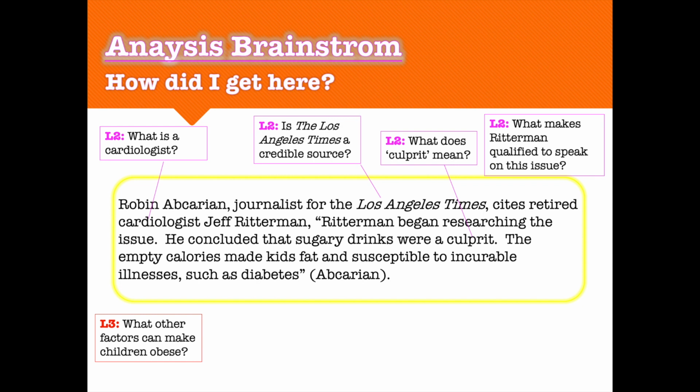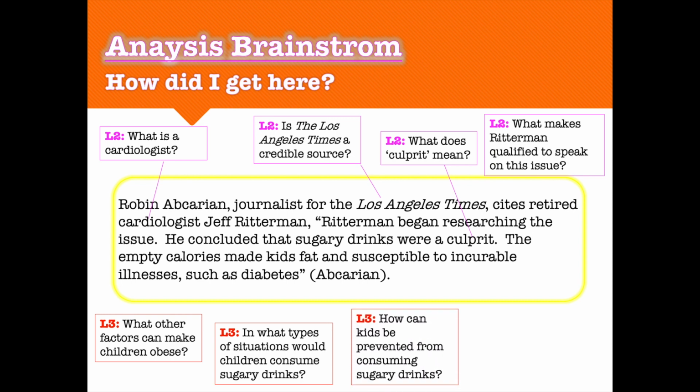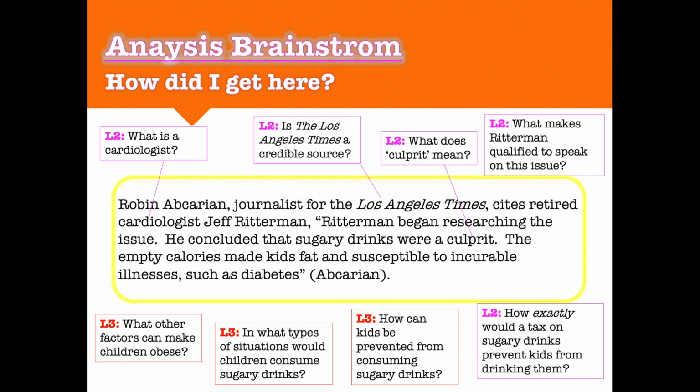What other factors can make children obese? So this particular quote, while it was giving me one factor, I thought about, well, what other factors could make a kid overweight or unhealthy? What types of situations would children consume sugary drinks? How can kids be prevented from consuming sugary drinks? How exactly would a tax on sugary drinks prevent kids from drinking them?